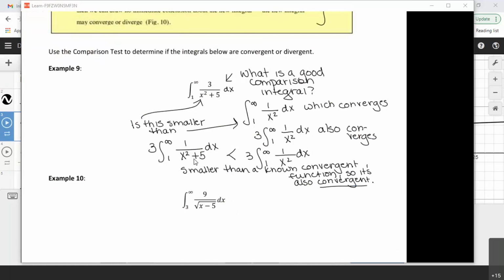How do I know I'm smaller? My denominator's bigger. Bigger denominators give me smaller fractions. Yes? Okay, example 10 is going to compare this to a known divergent function, and it's going to show it's bigger than it, so it must also diverge.